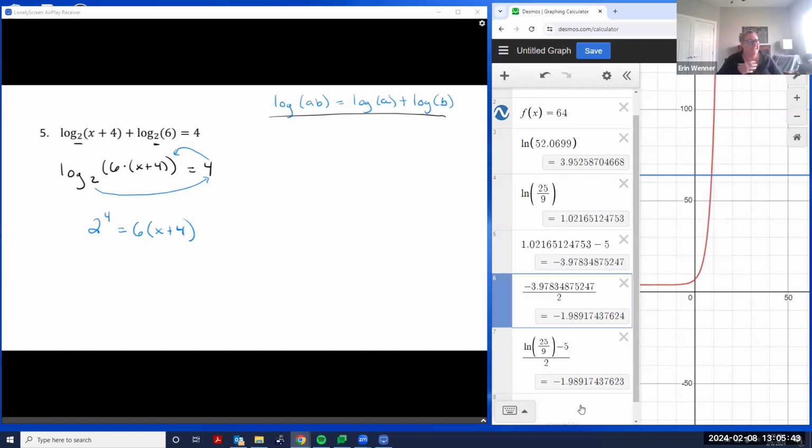But again, it's the idea that this is a function that's happening. So switching it from logarithmic to exponential, we now have this nice exponential equation. So I'm going to stop, and I want you to solve for x and send me your answer as a direct message.